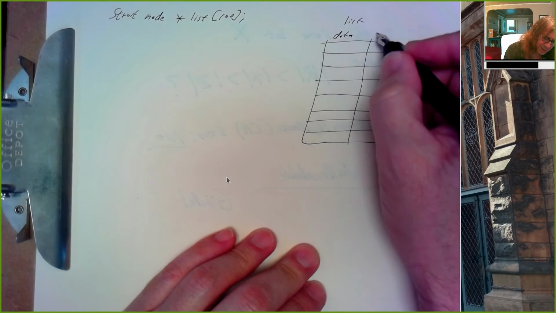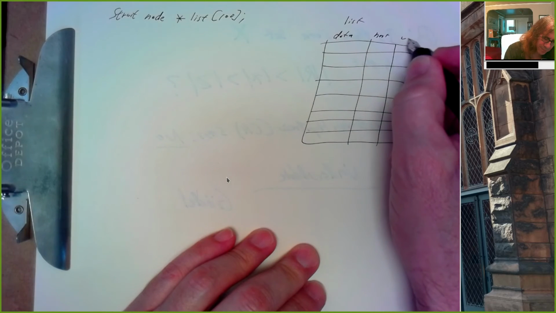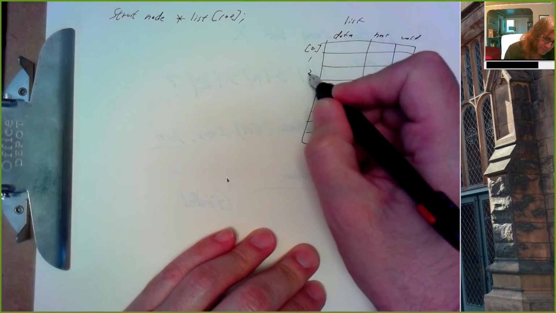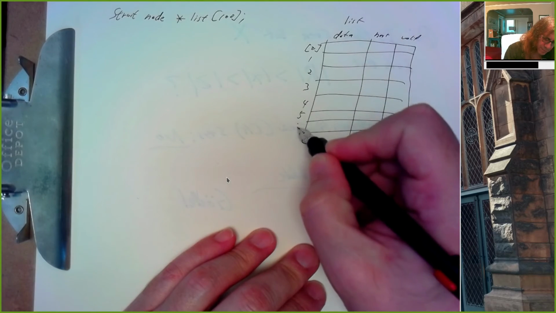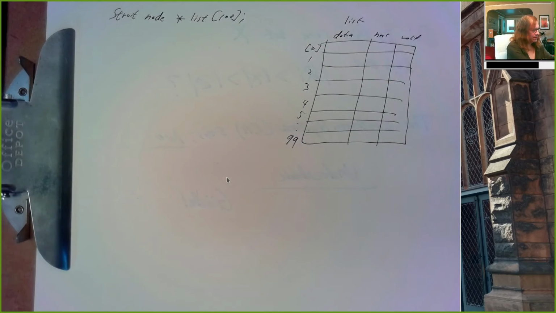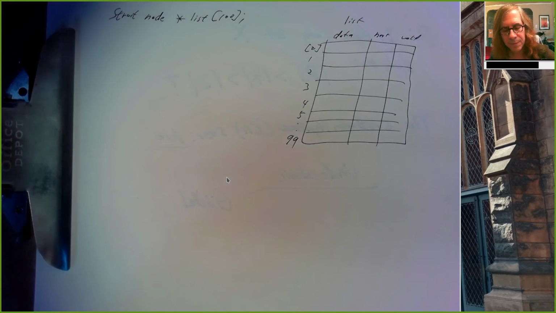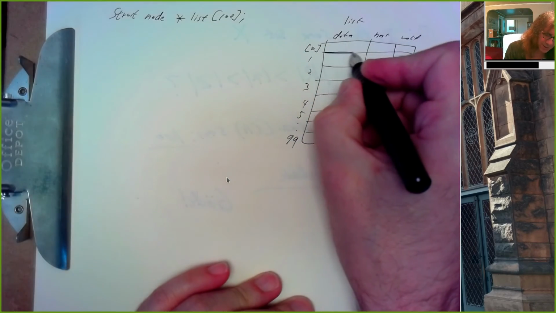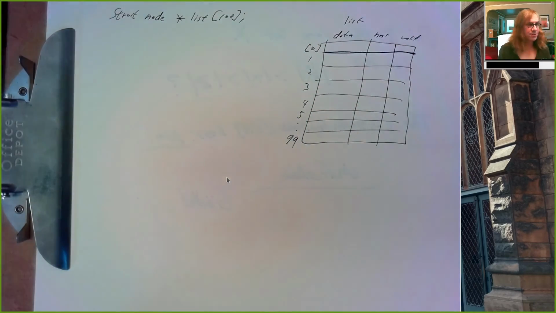Got data, next, valid. It's got 100 entries. And this first entry is super special. It's the Sentinel node.